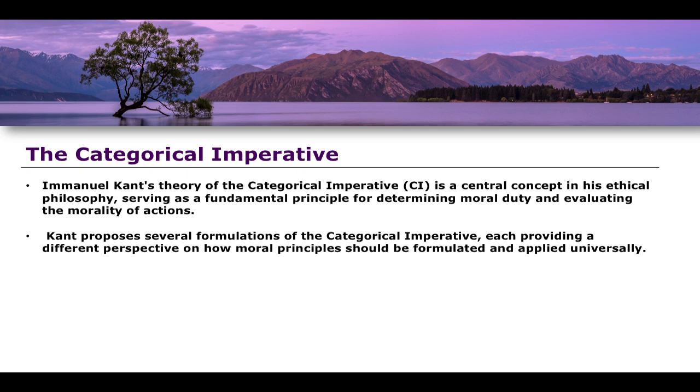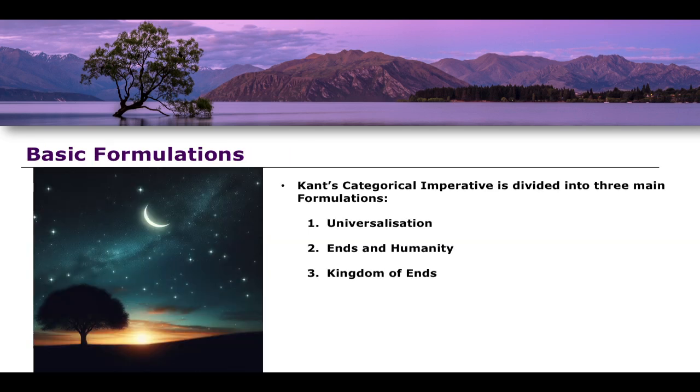Formulations which each provide a different perspective on how moral principles should be both formulated and established, and then universally applied. So, the categorical imperative, being made up of a variety of different formulations, therefore provides for us various different standards, various different tests for which we can actually input a number of applied ethical positions, and you would get an output that Kant would essentially adhere to.